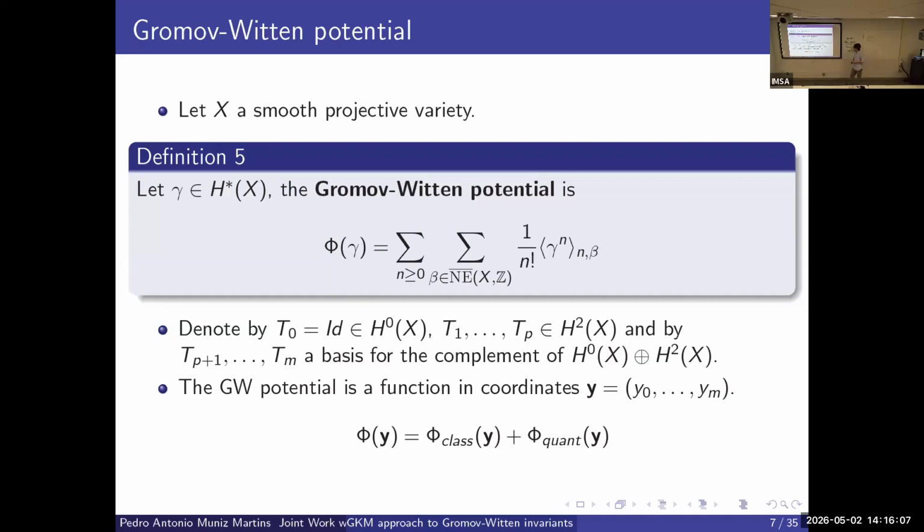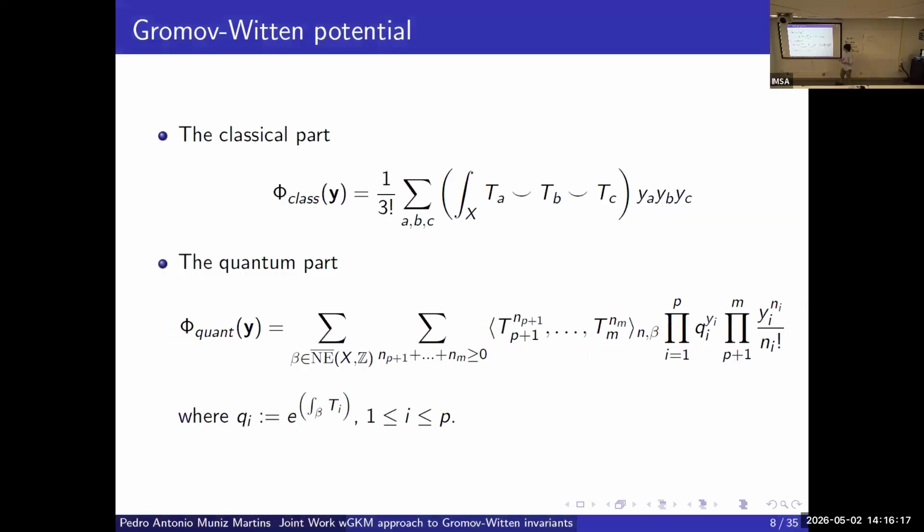And when you write the Gromov-Witten potential in these coordinates, you can divide it into a classical part and a quantum part. The classical part has this expression right here. Note that the Gromov-Witten invariants don't play a role here, only the usual cup product. And in the quantum part, you have the product with the Gromov-Witten invariants.